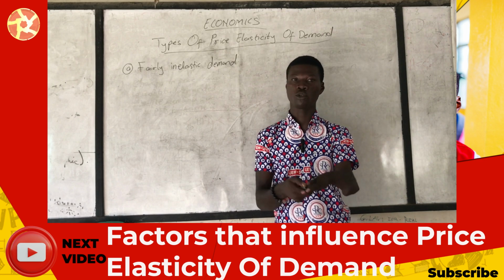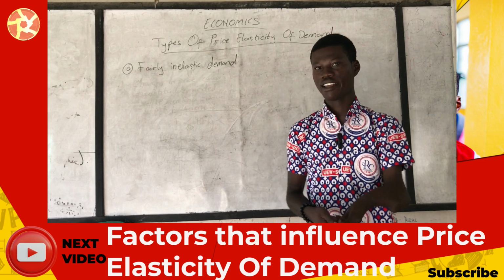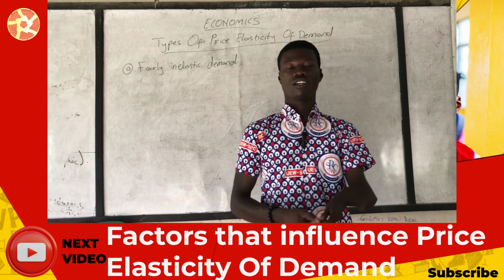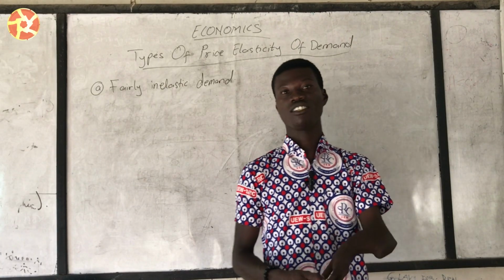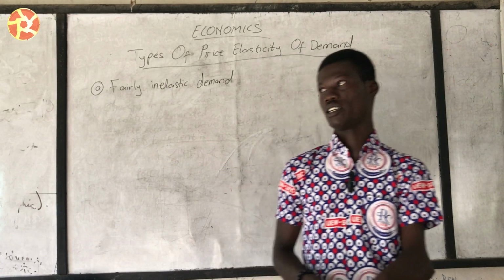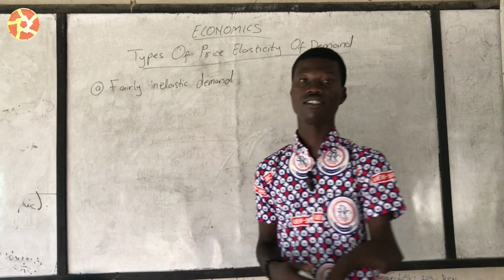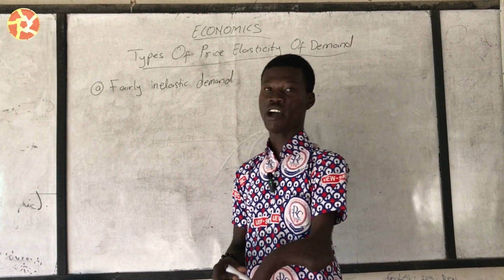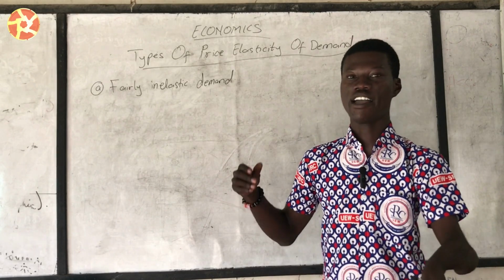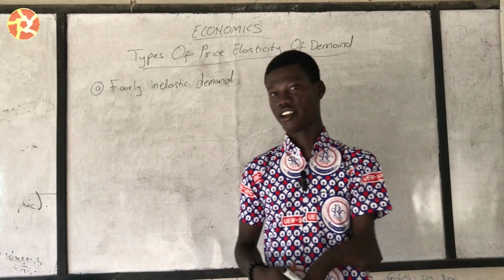People still buy those goods, even though the price is high or it has been increased significantly. Yes. So let's see what we mean by this by definition and also by the coefficient and the diagram as well.